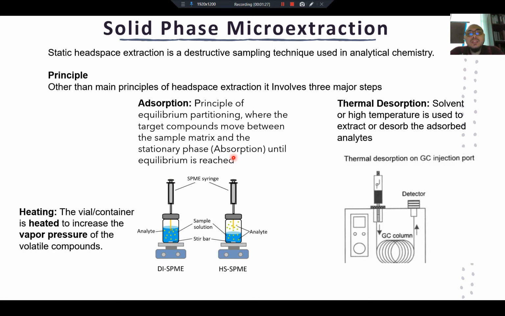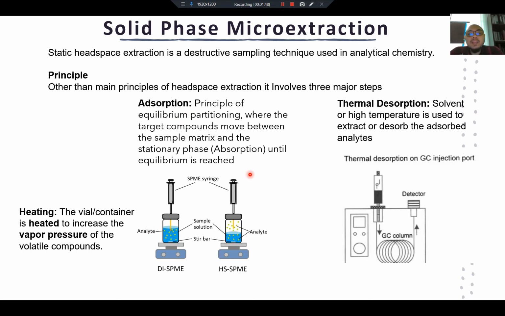If you look over here, the solid phase microextraction utilizes the fiber SPME syringe. So in the SPME syringe, there will be a fiber inside. There are three main principles: the first one is heating, which I think you have heard about so many times, then you have the adsorption process and thermal desorption.